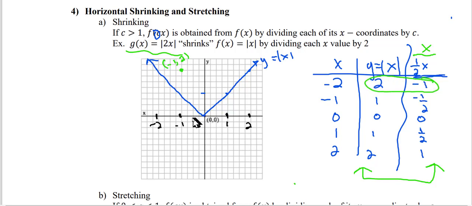Then when x is -1/2, y is 1. 0, 0 still. When x is 1/2, y is 1. And when x is 1, y is 2. So we're up here. We also have symmetry still. So this is our g of x equals the absolute value of 2x.